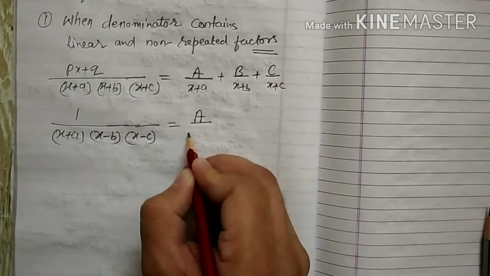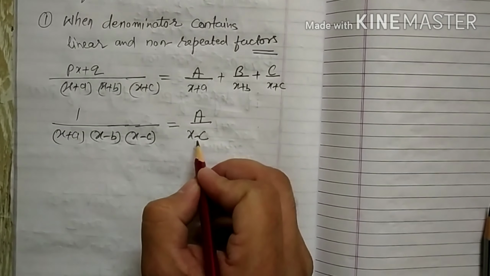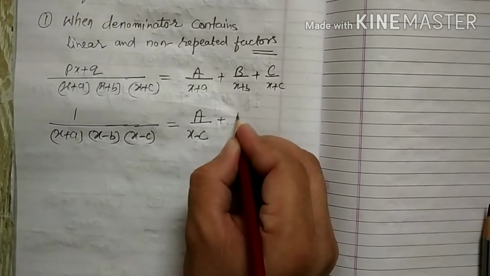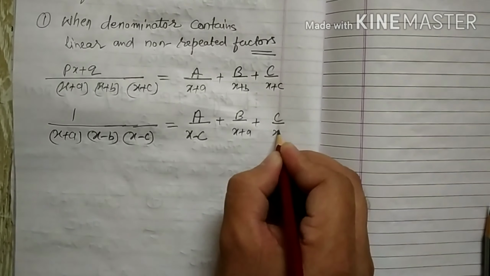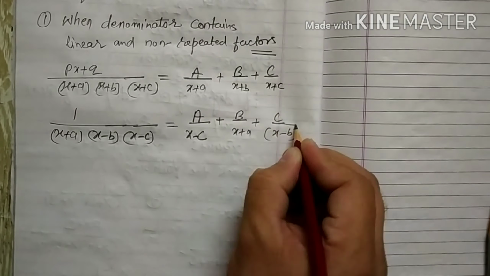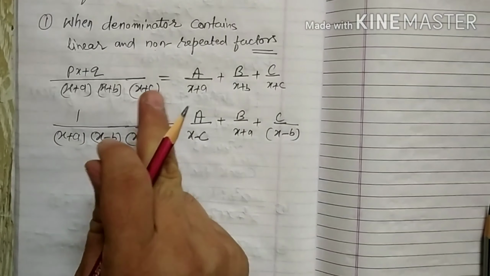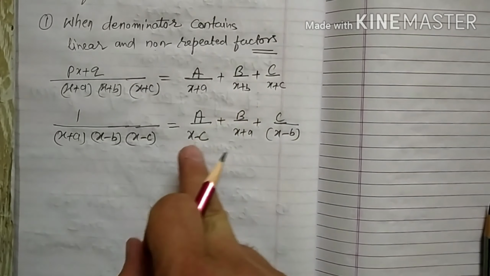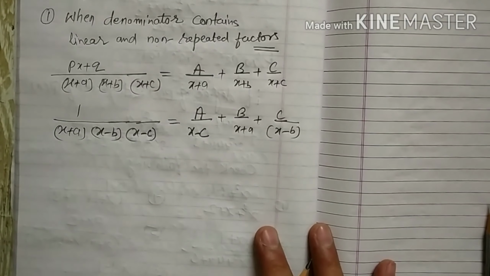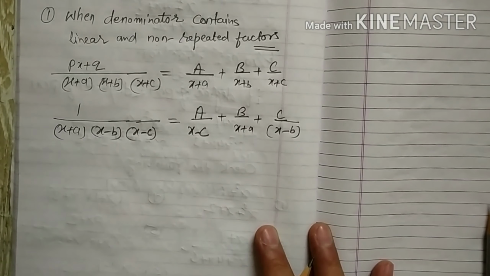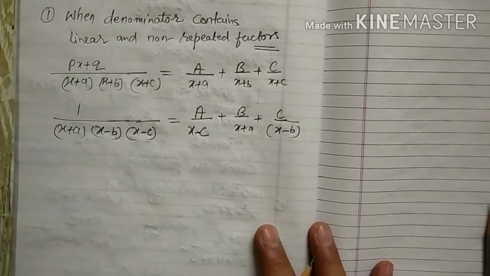So this time I am writing x minus c under A, x plus a under B and x minus b under C. These capital A, B and C are constants. Later on we'll find out the values of these constants. This is the concept of partial fractions in case 1. I hope you understood case 1.